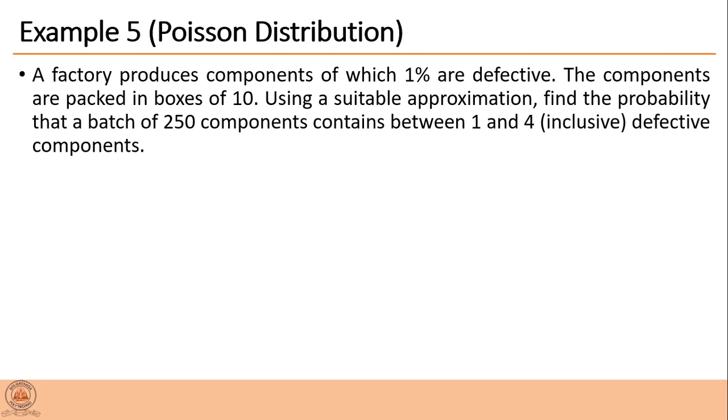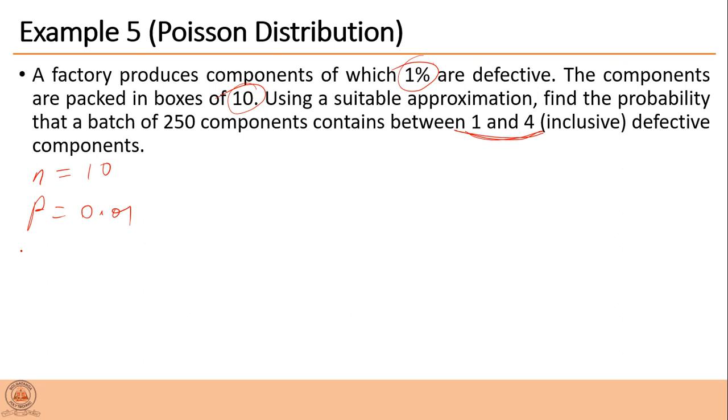So let's see. If this is a binomial distribution, then we expect an n and a p. So our p is equal to 1%, 0.01, and our n is 250. But then we have an interval, between 1 and 4, so we want to use the Poisson distribution to approximate the answer to this binomial situation.